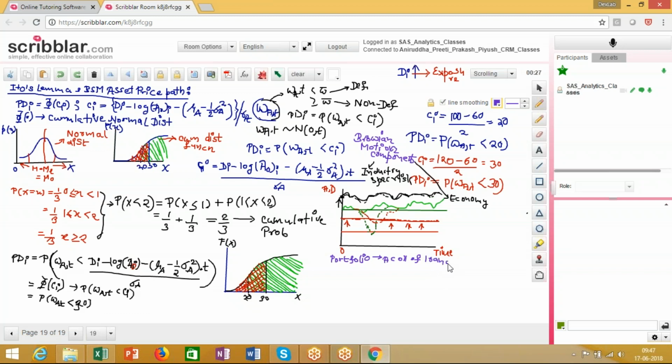So a collection of loans contains a number of obligors and the exposure from the obligors.